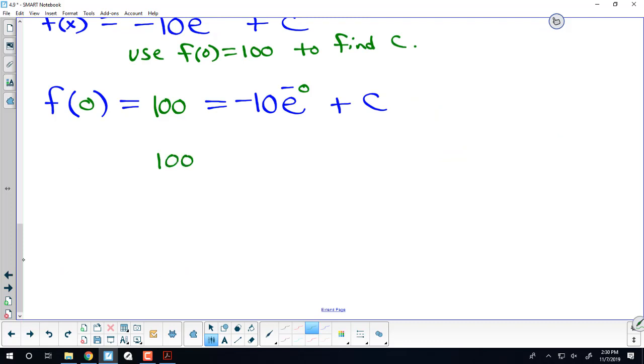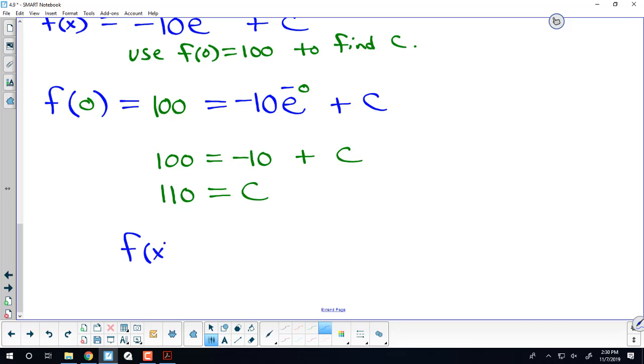So we have 100 equals negative 10. e to the 0 is 1. So we have 100 is negative 10 plus c, which means c is 110. And then we just fill that c in.